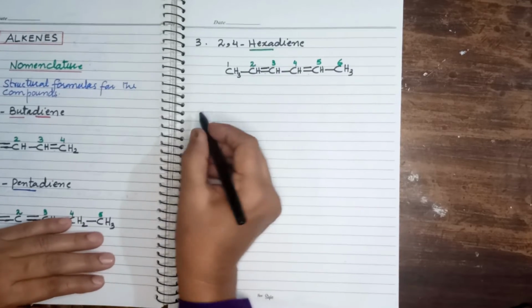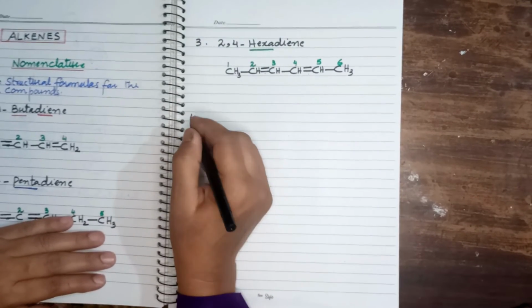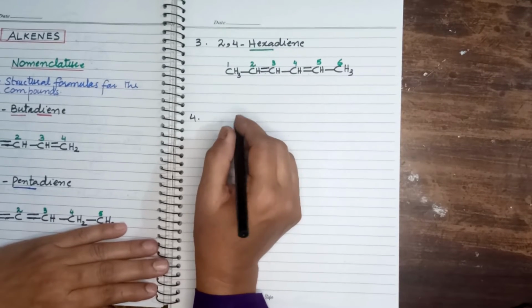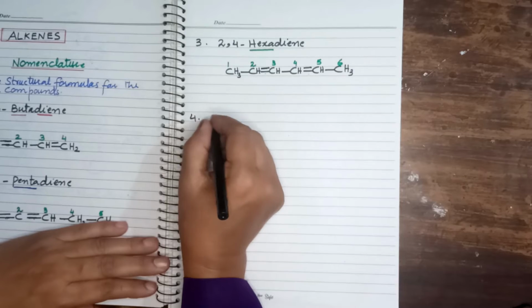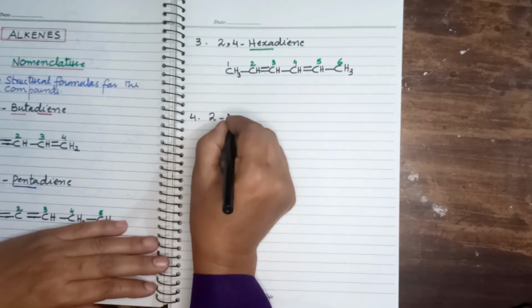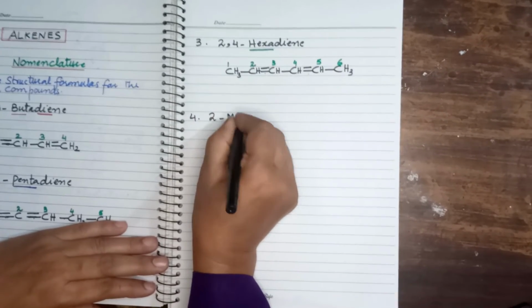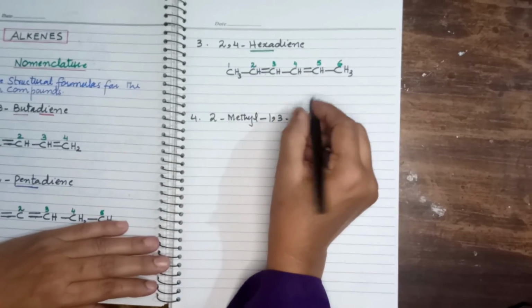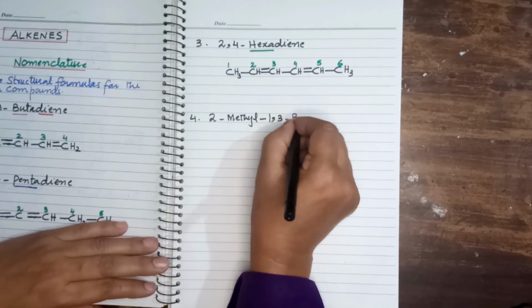Now another example, number 4. A molecule is given to us: 2-methyl-1,3-butadiene.